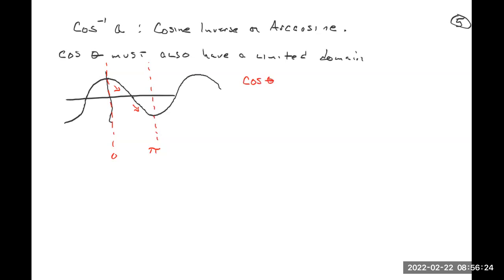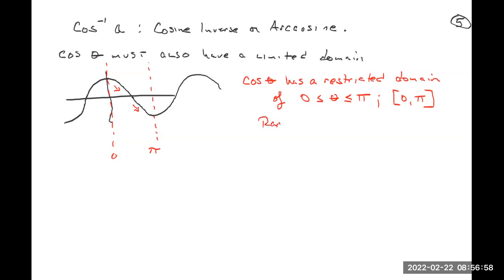Cosine theta has a restricted domain of 0 less than or equal to theta less than or equal to pi. Range has not changed. It's still negative 1 to 1.